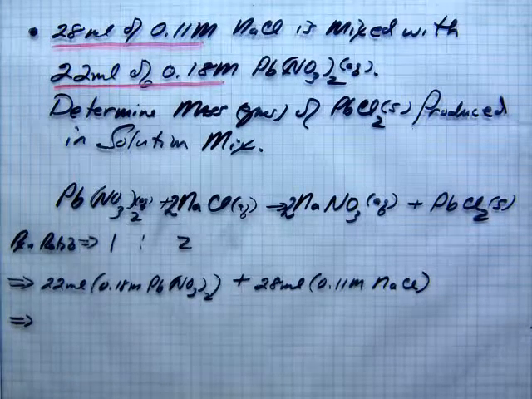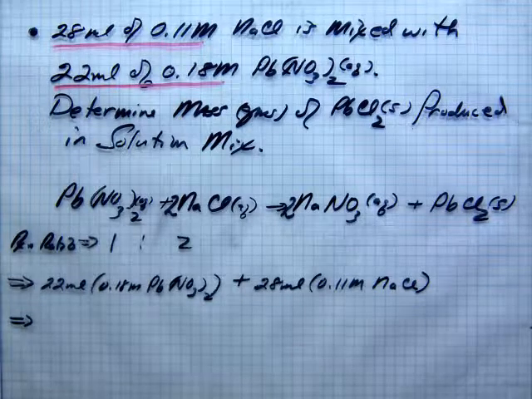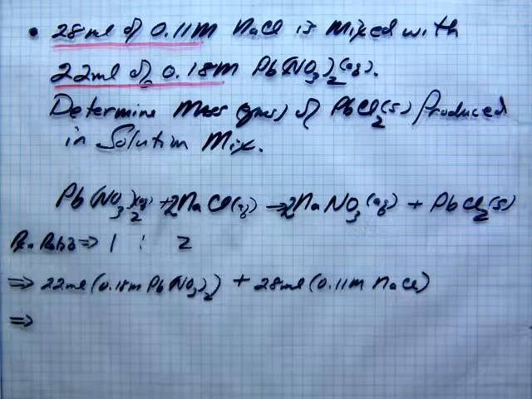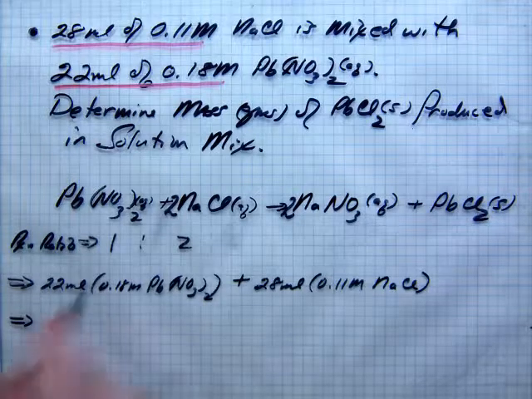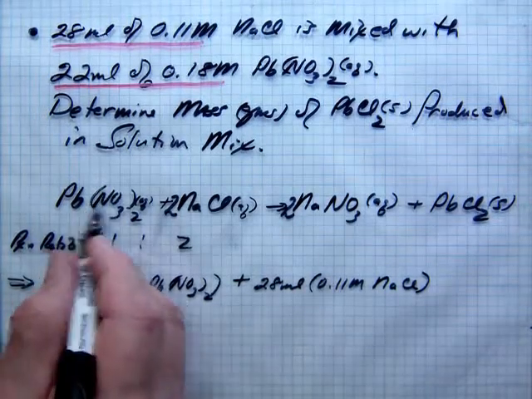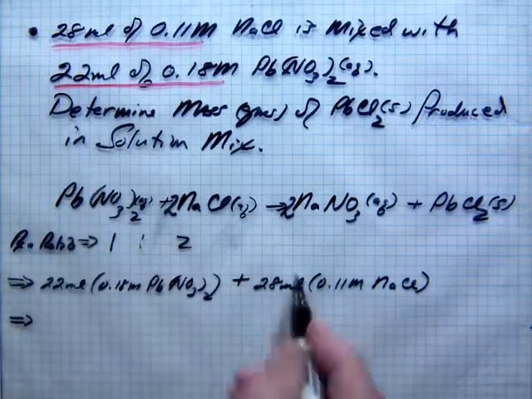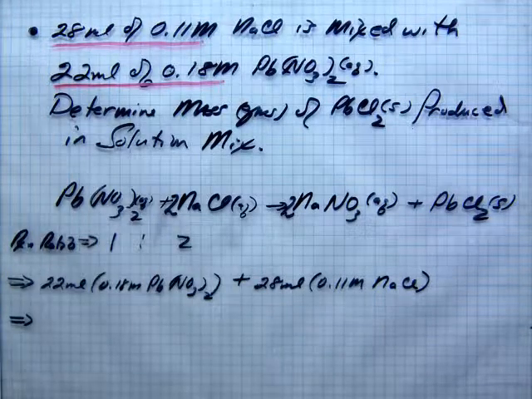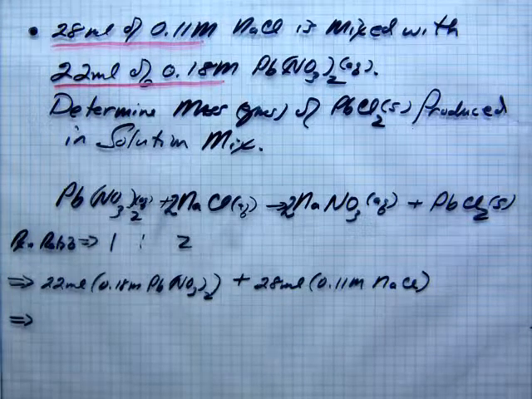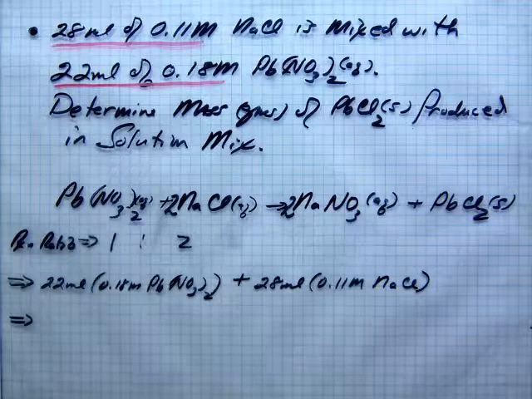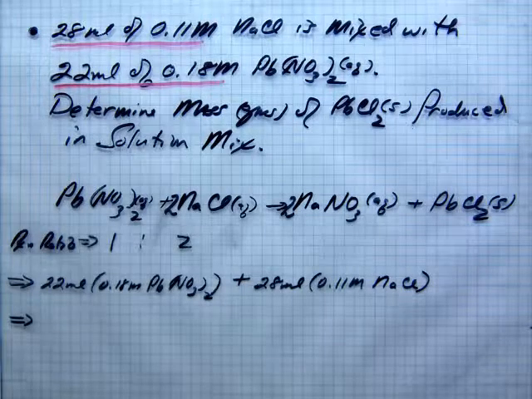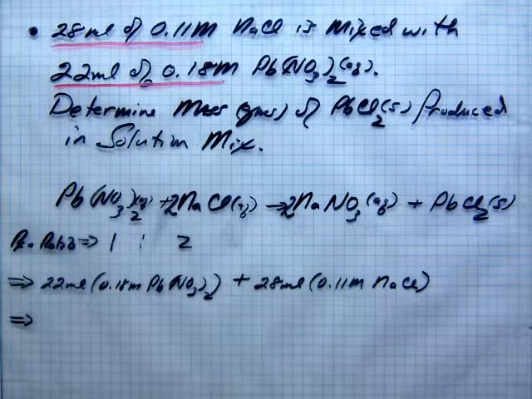Now all I've done here is write down the solution data attached to the equation. So this one is for lead nitrate, and the second one is for your sodium chloride, regardless of the coefficients right now. That's what was poured together in the beaker.